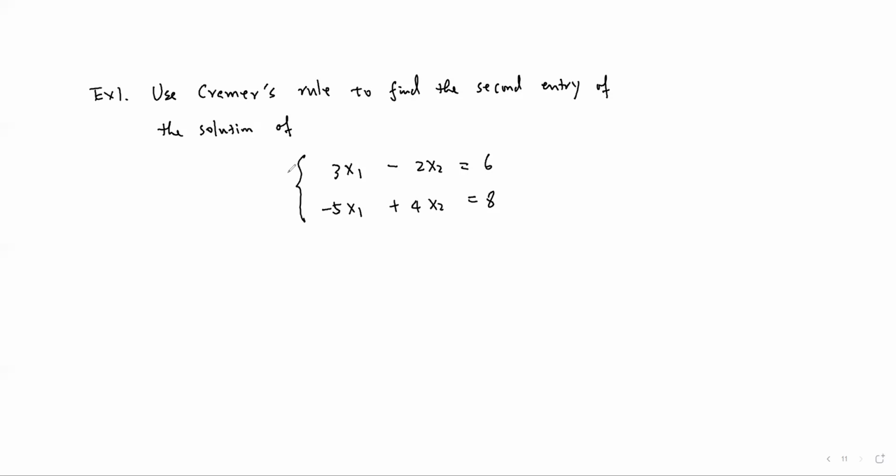Okay. Now, to answer the question, to use Cramer's rule, let me write the linear system in matrix equation. The matrix equation is this.